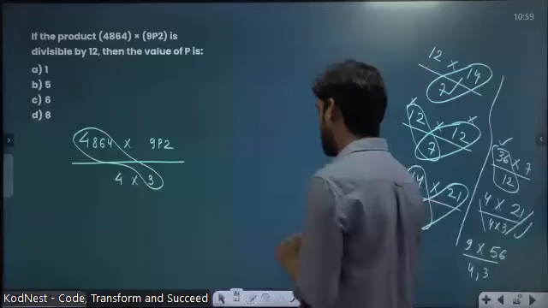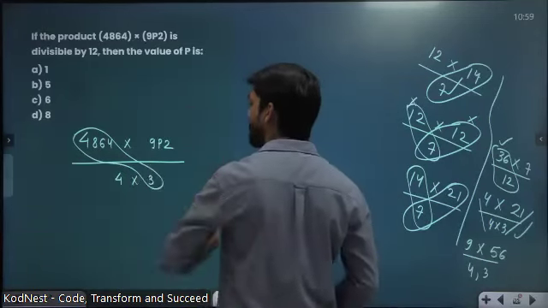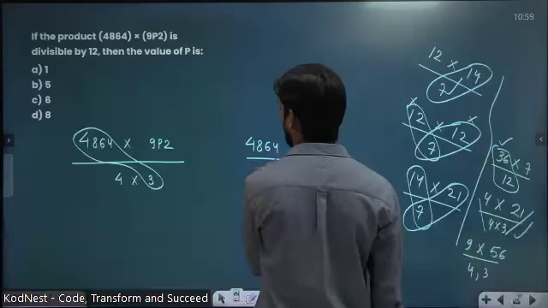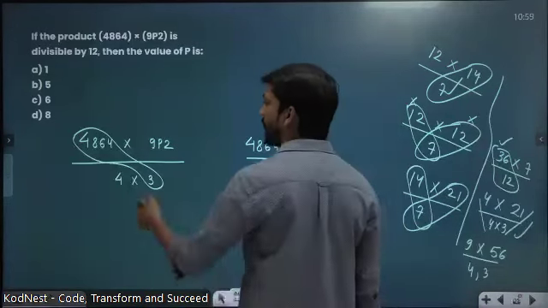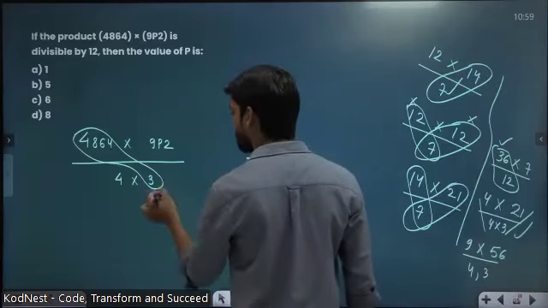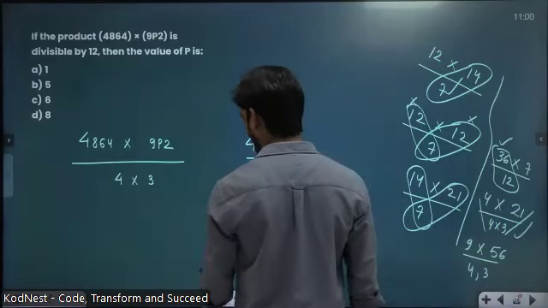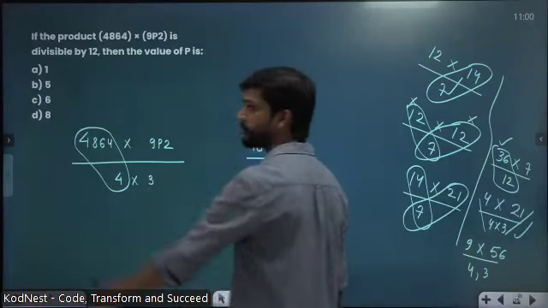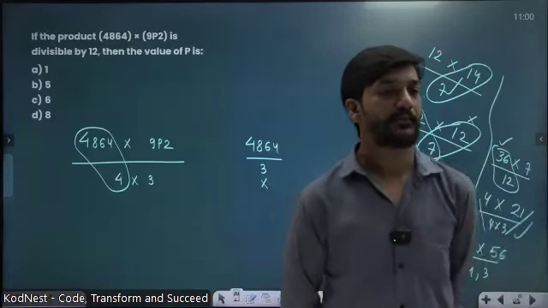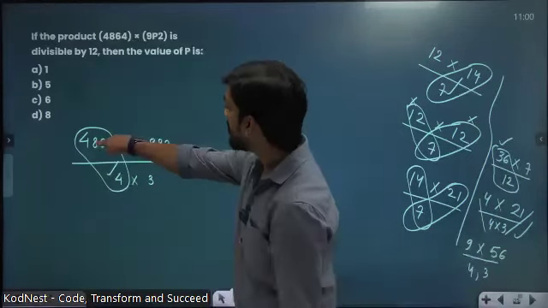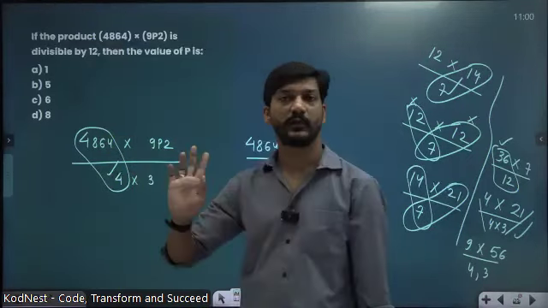No. Okay, it is not divisible by 3. Let me write. Okay, is this number divisible by 4? Please check this. Is it divisible by 4? Yes, no? Okay, yes. So at least one number is divisible by 4, right?